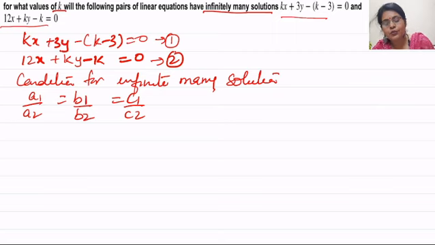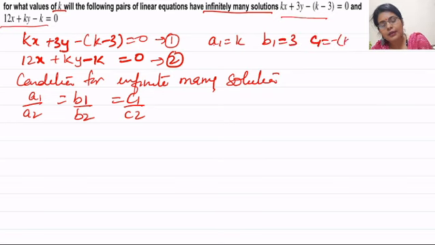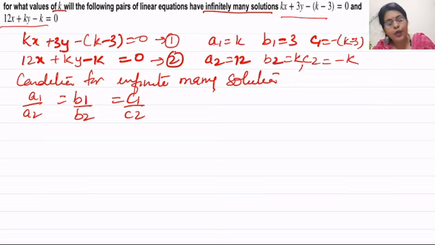Now we should write down from here the value of a1. a1 is k, b1 is 3, and c1 is minus k minus 3. Similarly, here a2 is 12, b2 is k, and c2 is minus k. Now we have to simply put the values over here.